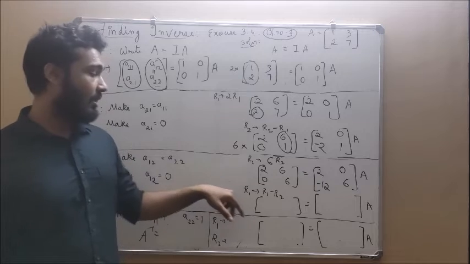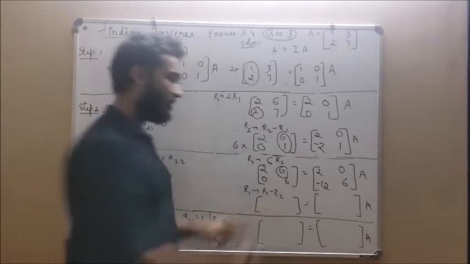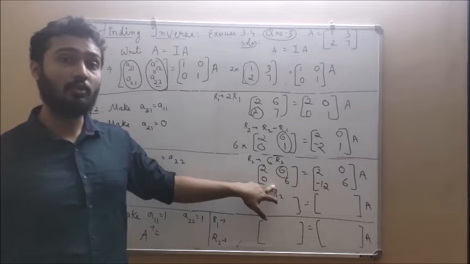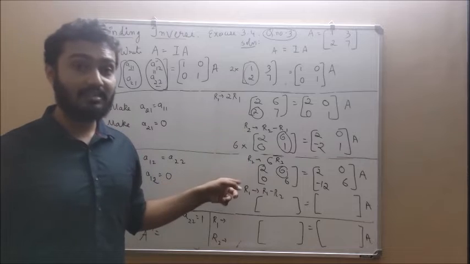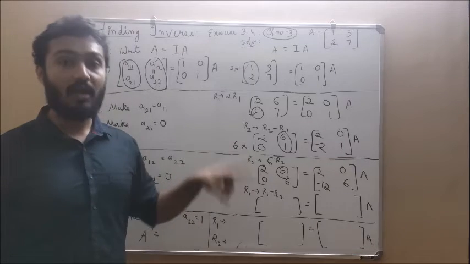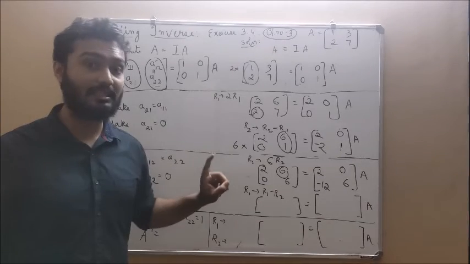Next, now we have to make this 0. How to make this 0? R1 minus R2. 6 minus 6 will be 0. So R1 changes to R1 minus R2. So only row 1 is changing.